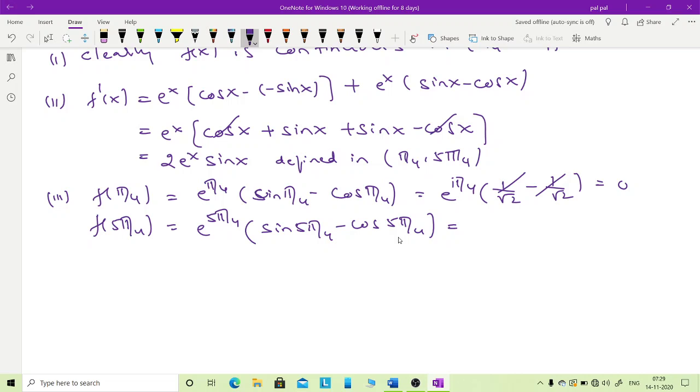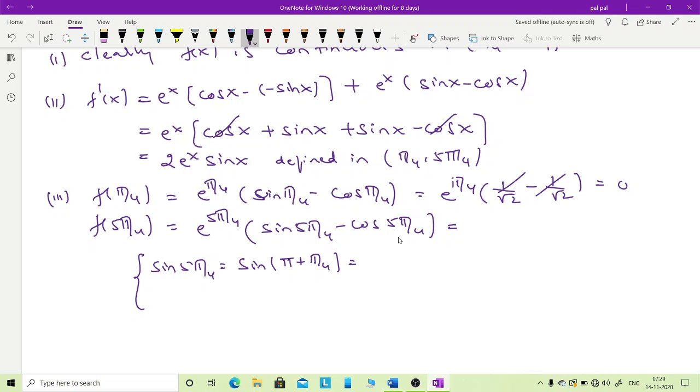What is the value of sin 5 pi by 4? You see, it can be written as sin of (pi plus pi by 4).